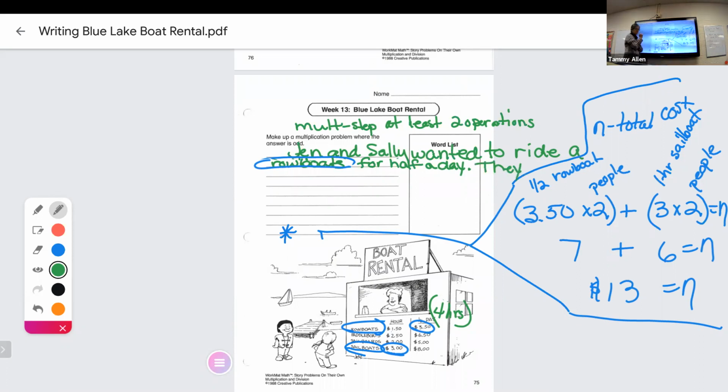We need to say wanted. How about they just added on another ride? They added on a 1 hour sailboat ride? How about that?